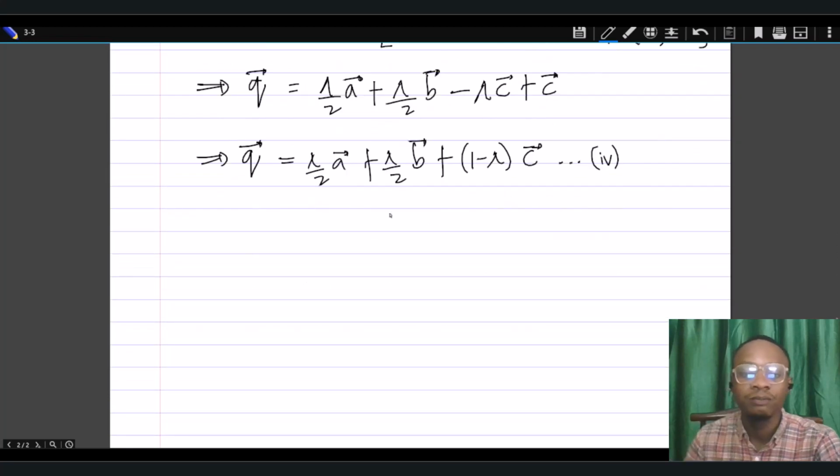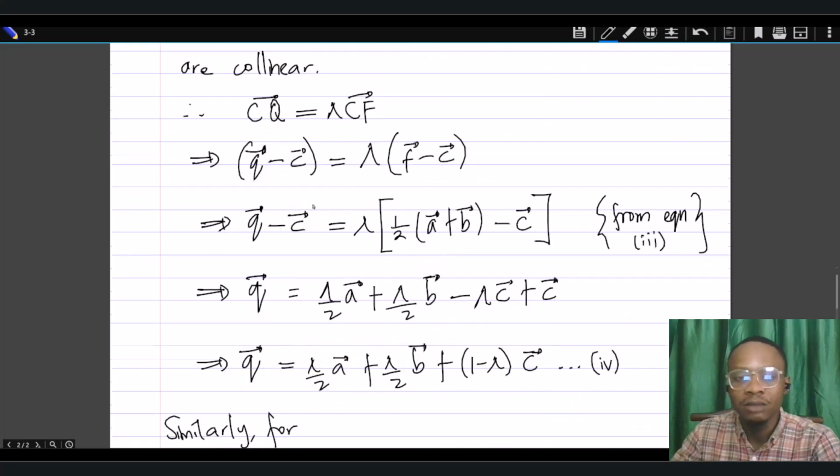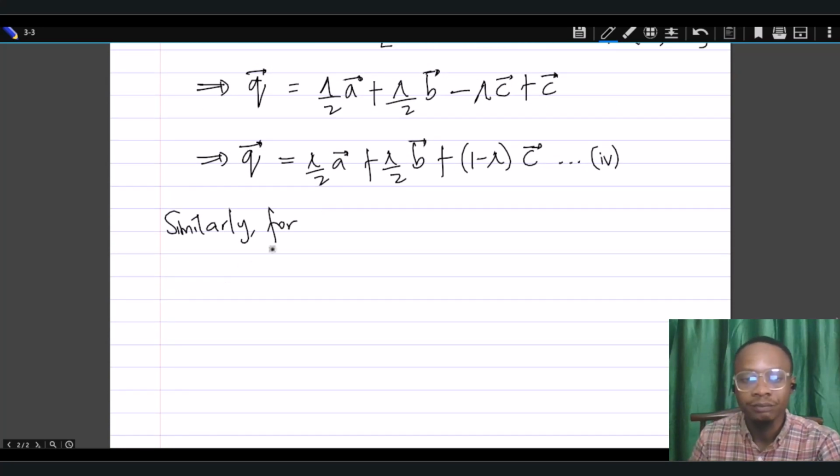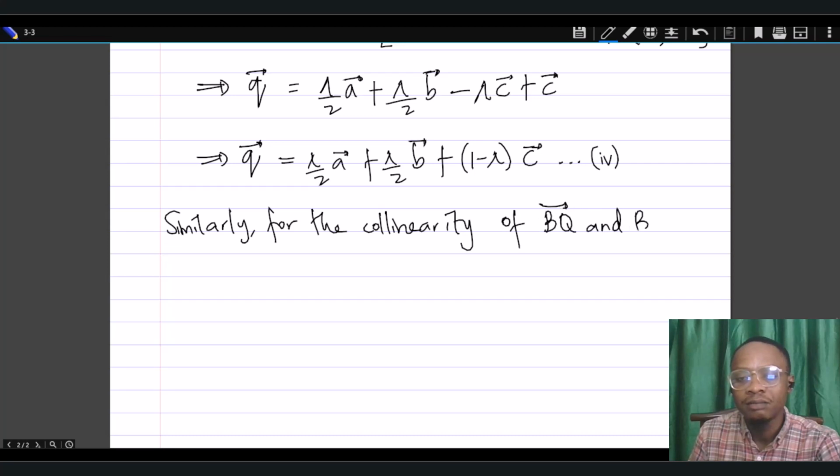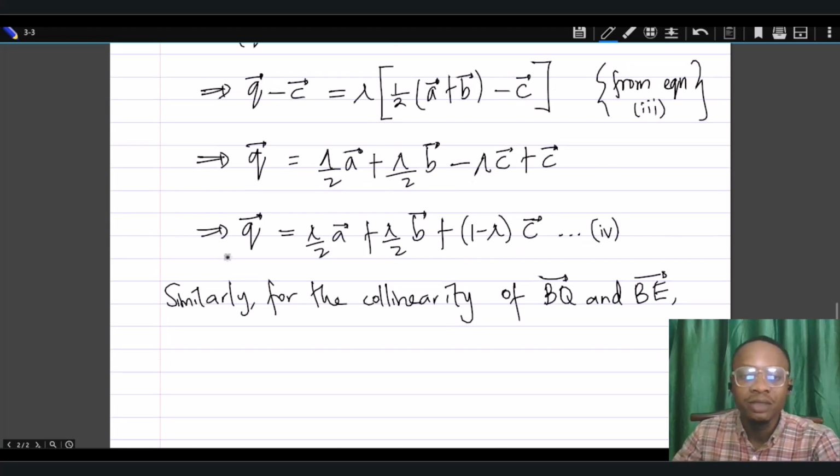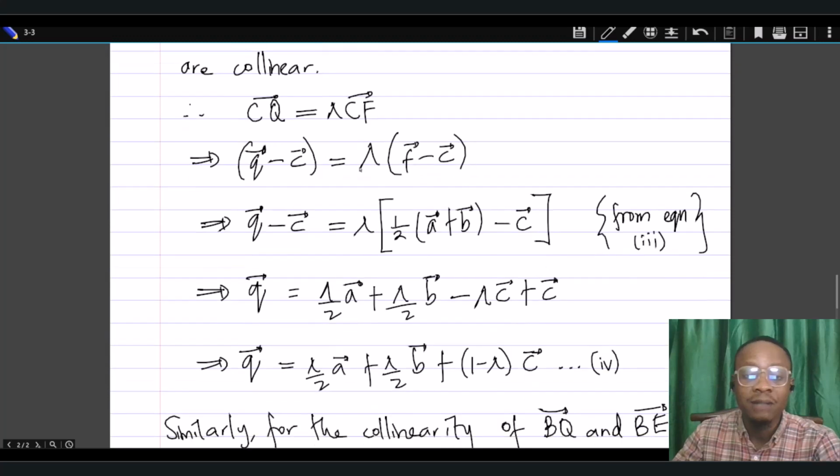So similarly, for the collinearity of BQ and BE, what do we do now? We say that BQ, just like we wrote it here, CQ is lambda CF.